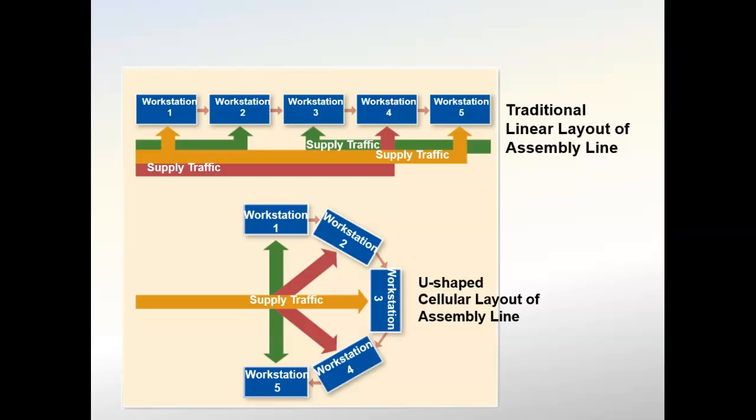This revision allows the supplies required by each workstation to be delivered to a single central point, eliminating the need for delivery traffic to move back and forth across the length of a traditional layout. A cellular layout has a variety of advantages, but one benefit attractive to lean operations is its ability to shape supply traffic patterns such that they are less likely to interfere with themselves and with the operation of the line.